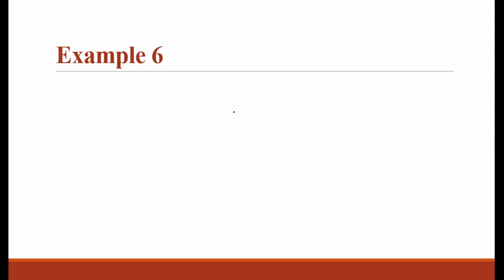Example number 6. There is that one. Now I'm going to wait for your answers. Are you able to see that question? Yes, sir. Let's try it out. And these examples, you write them down because we have that Padlet where you're supposed to put these answers.